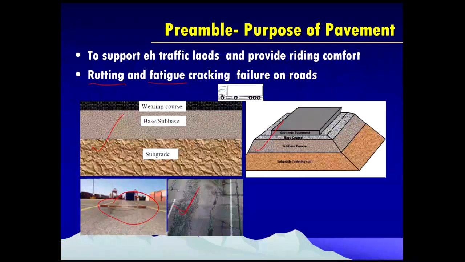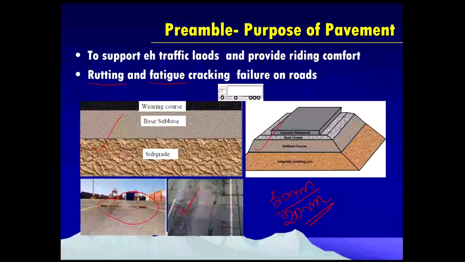We know rutting is a longitudinal depression caused by the repeated application of wheel load. On our rural roads, we define rut depth of 50 millimeters as the terminal failure criterion as per IRC SP 72 2002, whereas on high volume roads we define it as 20 millimeters.